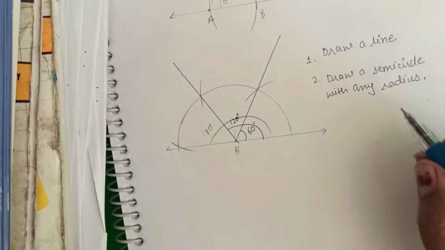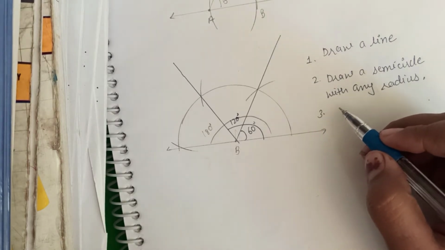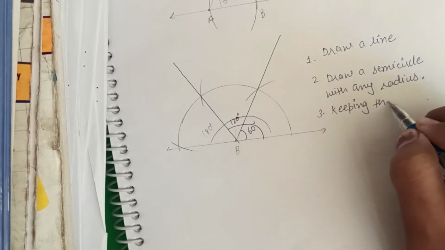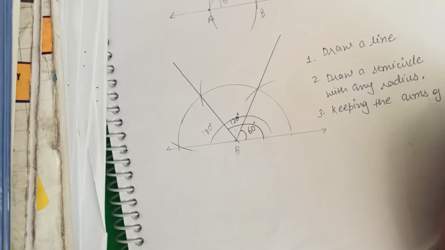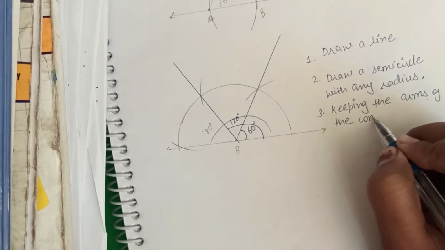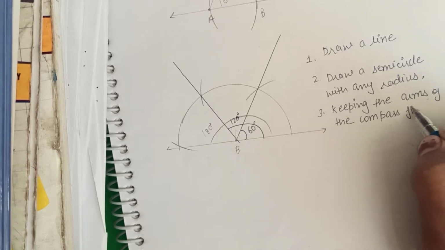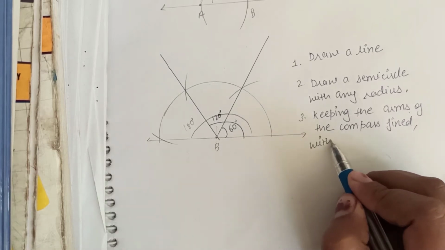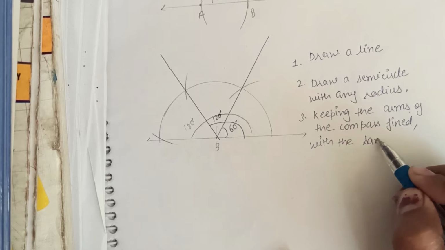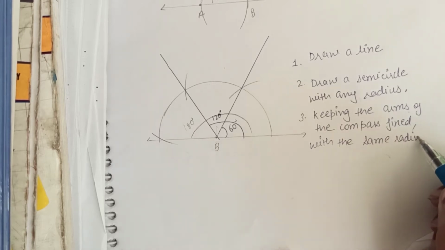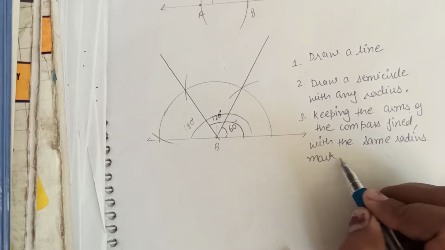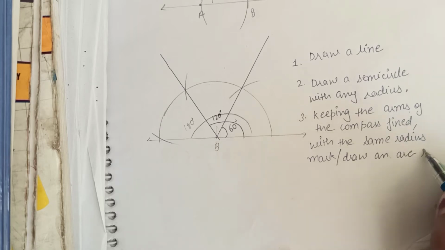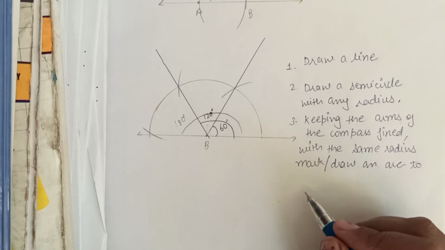Then the third will be, keeping the arms of the compass fixed with the same radius, mark or draw an arc to intersect the circle.